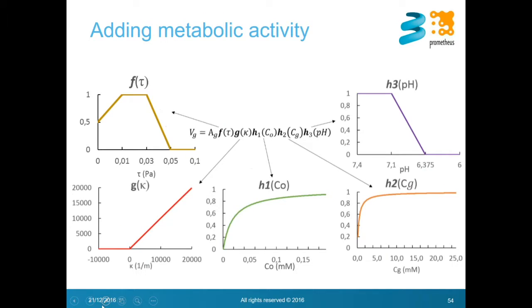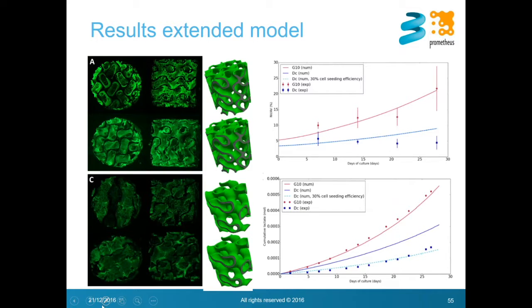We are now currently performing the last experiments to incorporate other variables that are frequently used in bioprocess engineering as markers, which is the glucose and the lactate. And we also tested different shapes of scaffolds. What we see here is a comparison of two different types, which is a gyroid and a D-cup.